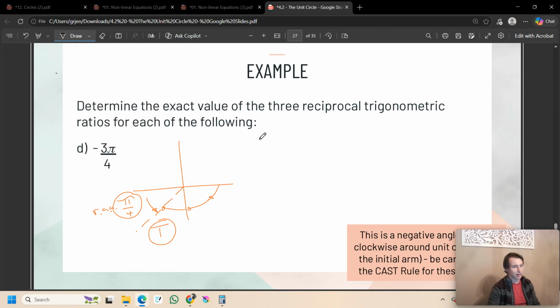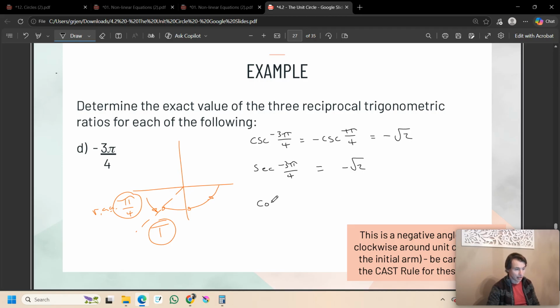So we have cosecant of negative 3 pi on 4 is equal to negative cosecant of pi on 4, which is equal to, well, pi on 4, so yeah, it's root 2, but negative. Secant of negative 3 pi on 4, because this is a 45-degree triangle and they're both negative, it's the same, it's negative root 2.